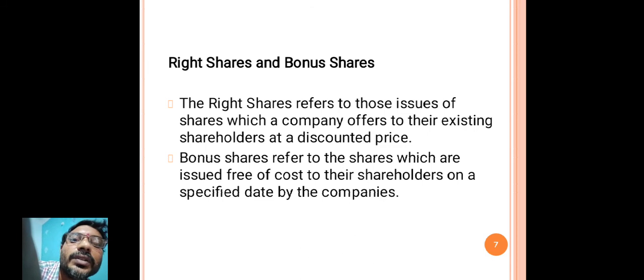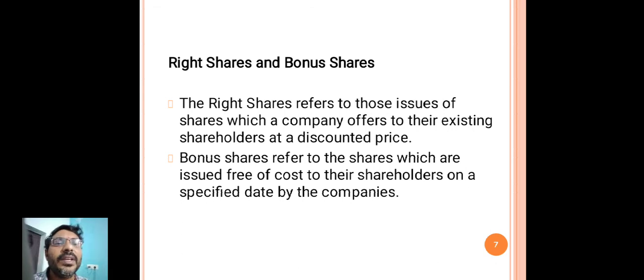Right shares and bonus shares. The right shares refer to those issues of shares which a company offers to its existing shareholders at a discounted price.